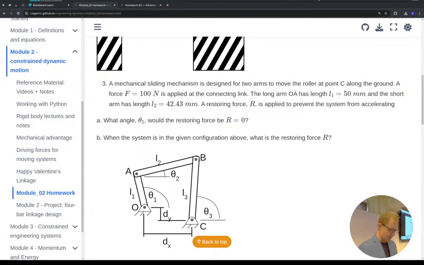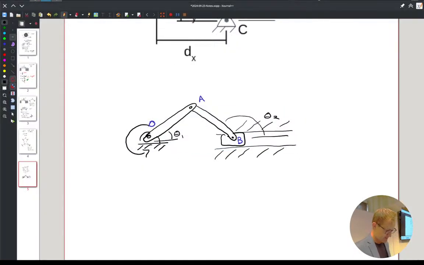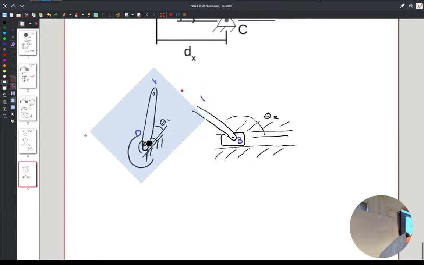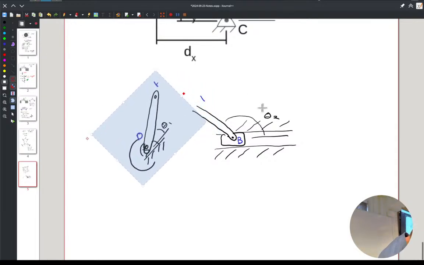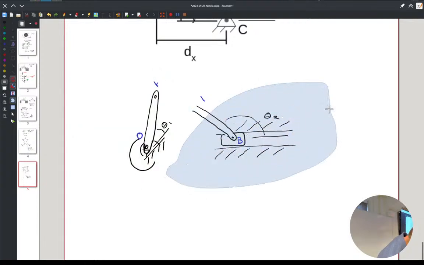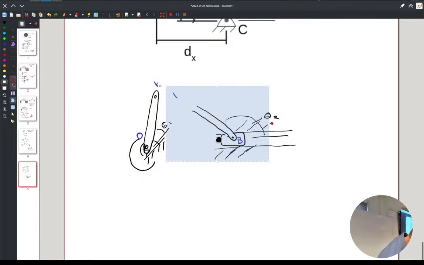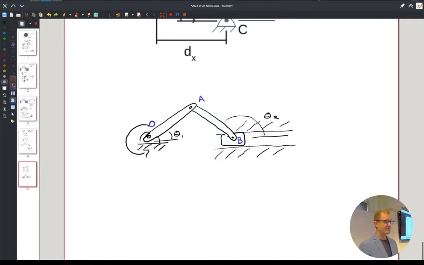I didn't mean to scare you with graduate. But anyway, this thing rotates, and then this thing follows it. So it slides over. Yeah.